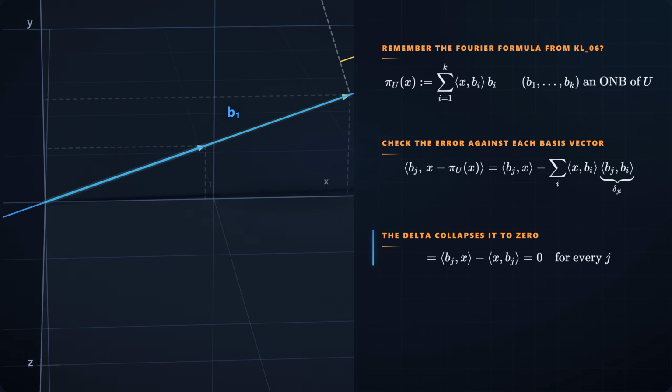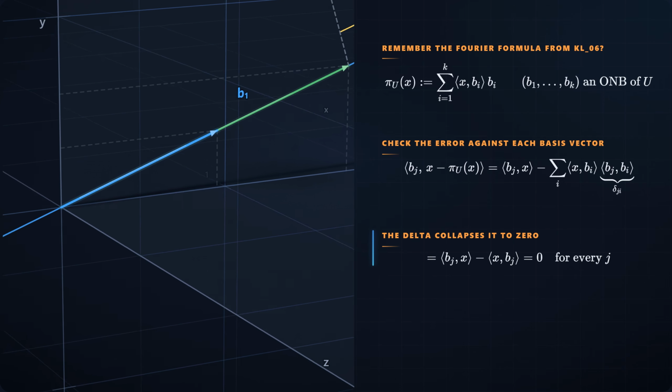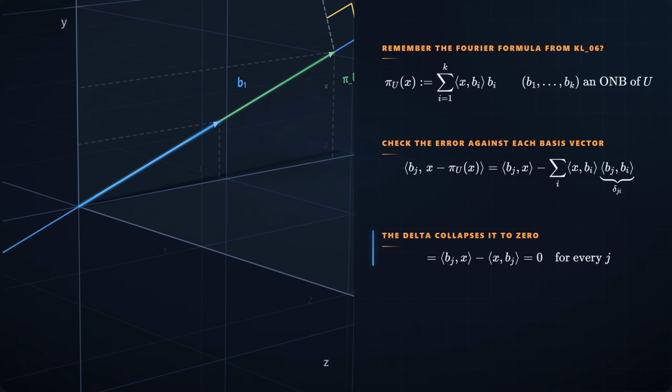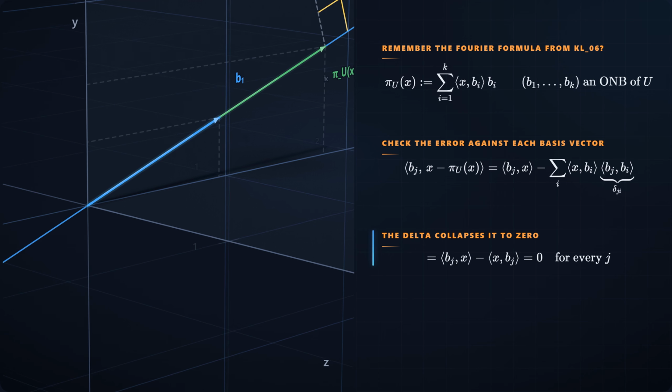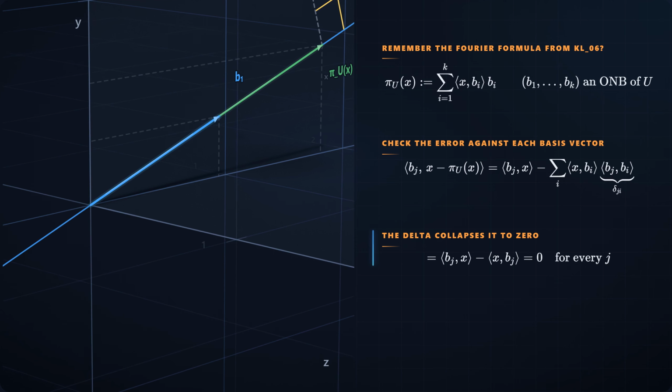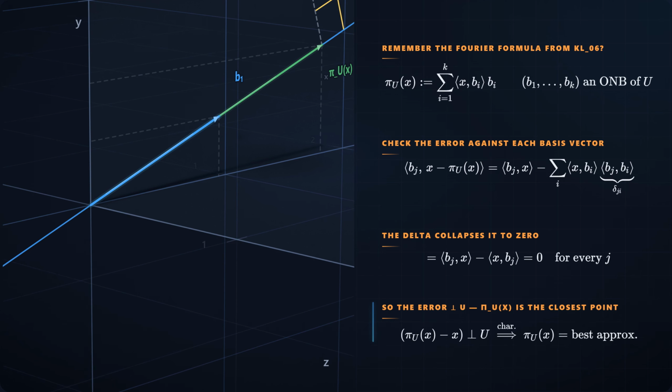So it collapses to x dot b_j minus x dot b_j, which is 0 for every basis vector. So the error is perpendicular to U, and the characterization theorem instantly upgrades that to pi U of x is the best approximation. The formula you learned for coordinates was quietly the projection formula all along. So the Fourier formula's real job is revealed. Given an ONB, it hands you the closest point, no minimizing required.